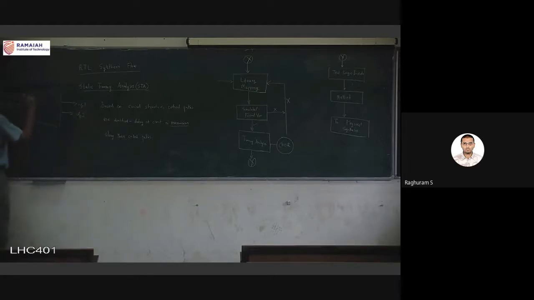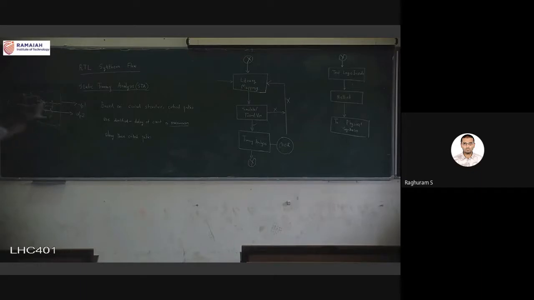And there can be many paths. Each of these inputs is somehow having an effect on the output. If it's having no effect, then I can remove the input. I don't need to keep that there.